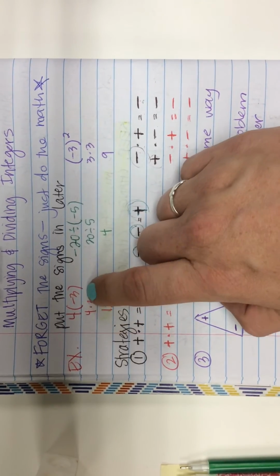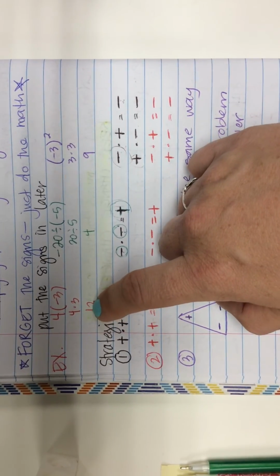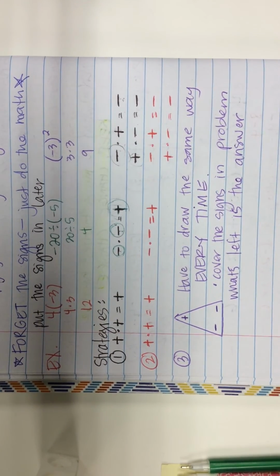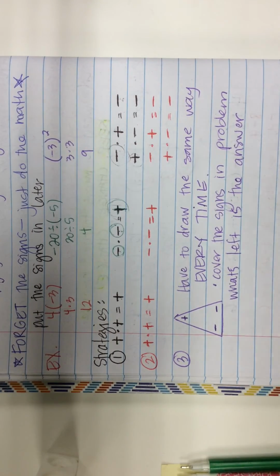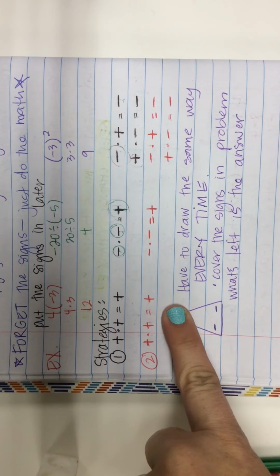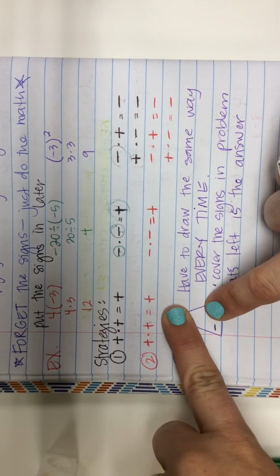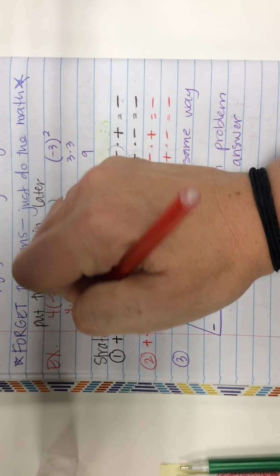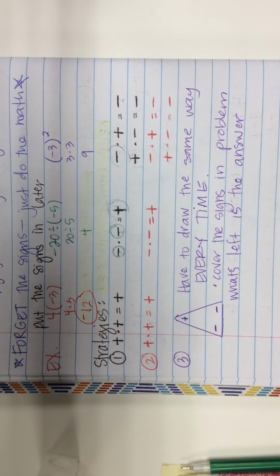We know 4 times 3 is 12. Is my solution positive or negative? 4 times negative 3. Negative. What's left uncovered? Negative. So my answer is negative 12.